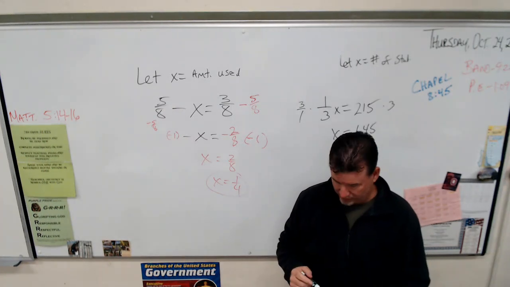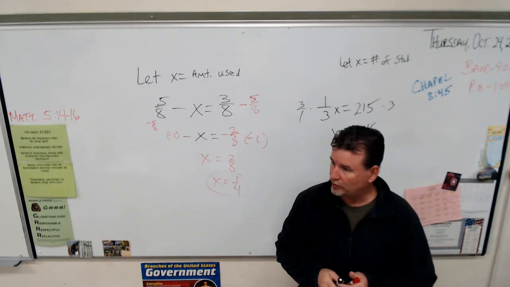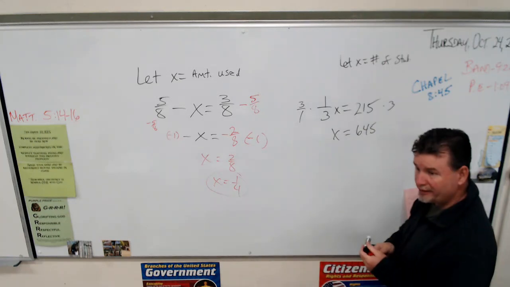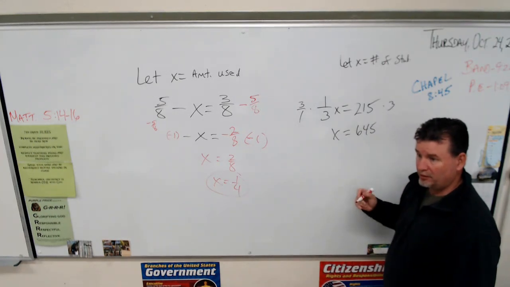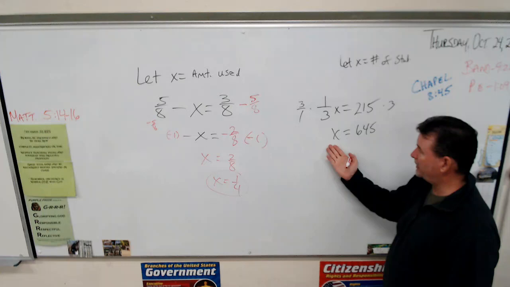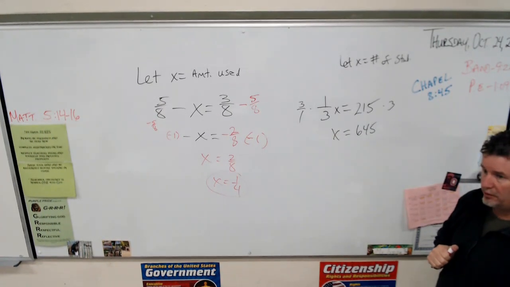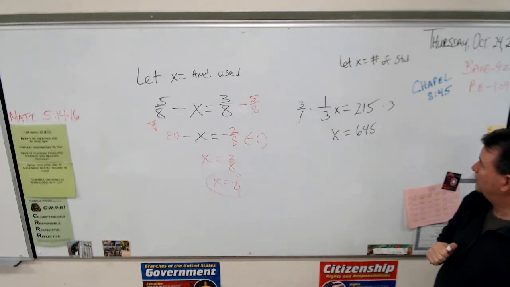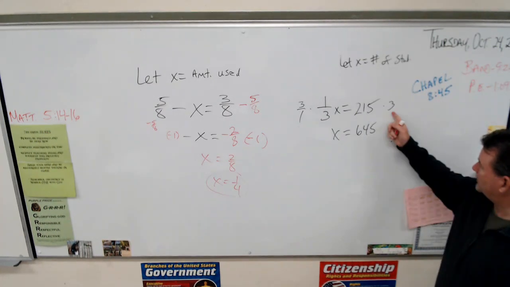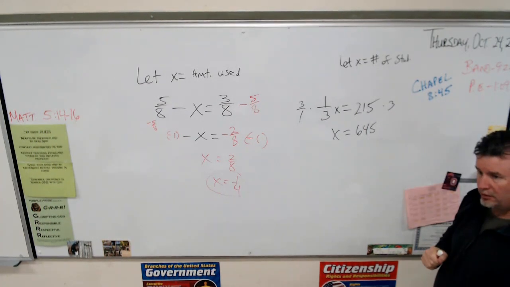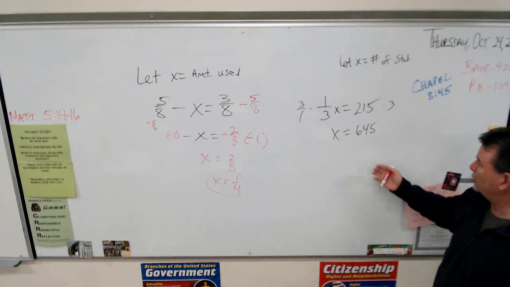So how is 1/3 times 645? It's not. It's times 3, dear. No, like the actual solution. Oh, so if I checked it.